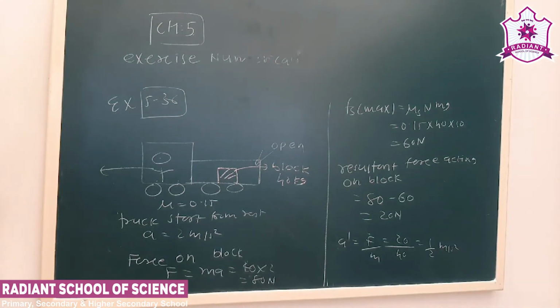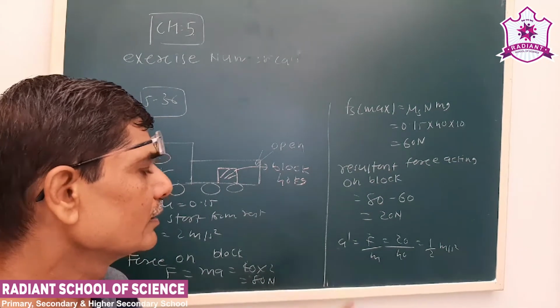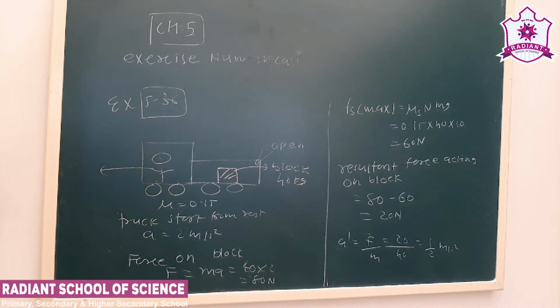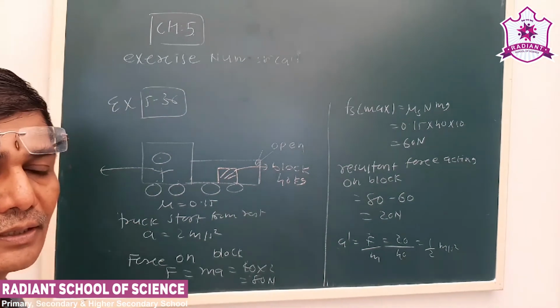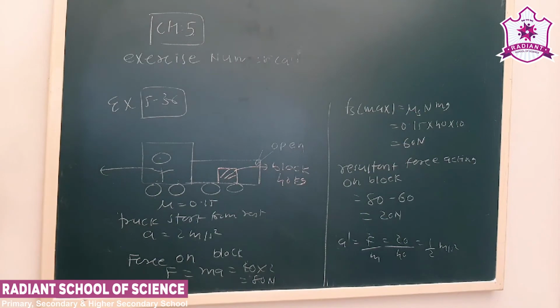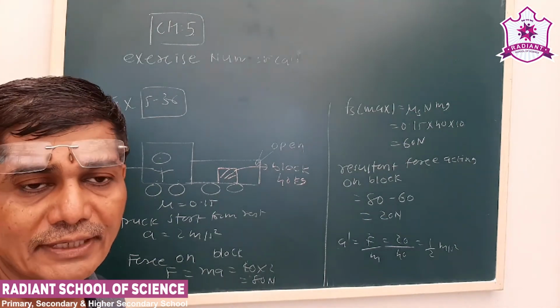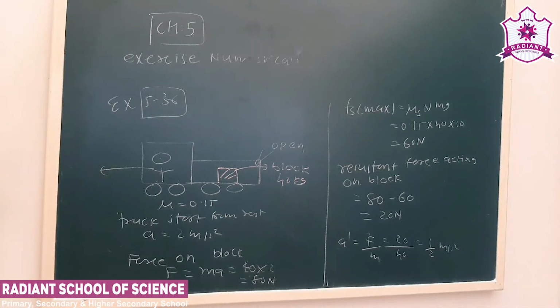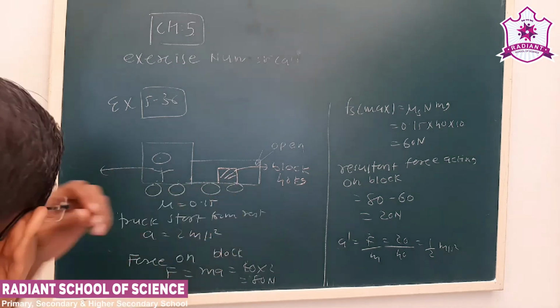That is the net acceleration of the block, considering the force due to the motion of the truck and the frictional force, which always acts in the opposite direction of the motion. We have to calculate how much distance it will cover and after what time it will fall down.